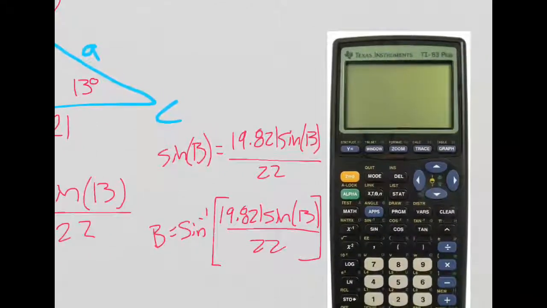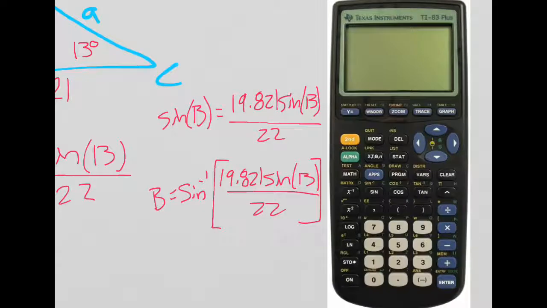Okay, now let's enter that into our calculator, and I'll show you how I would type it in. I would hit second, and then I would hit the sine button. That will give me the sine inverse function. It will give you a parenthesis. Now I'm going to type my 19.821, and then I'm going to hit the sine button again. It will put sine there. Notice I didn't even hit multiply, I just typed the sine button.